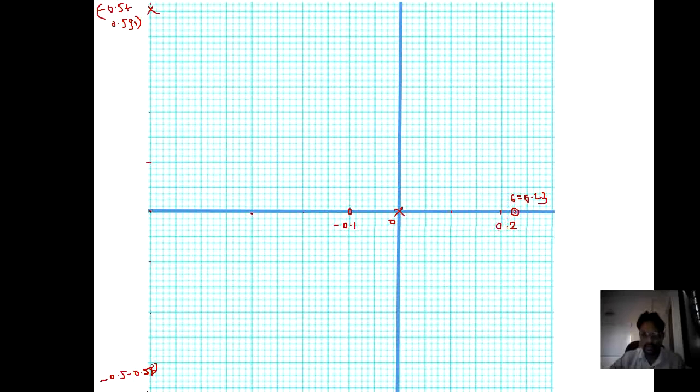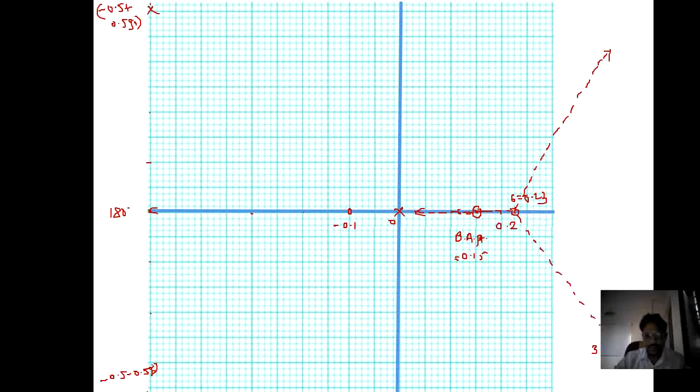Then the asymptotes: one at 60 degrees, next at 180 degrees, and the third at 300 degrees. Then the breakaway points are 0.15 and another breakaway point at minus 0.45.